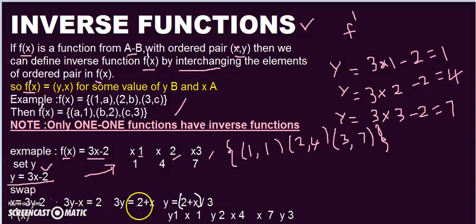And then 3y is equal to 2 plus x. The minus x has come to this side, which is plus x, and I have derived it for y. This 3, if it comes to the right hand side, it divides. So my y is equal to 2 plus x by 3. This is my f inverse of x. My inverse function of x will be y is equal to 2 plus x by 3.